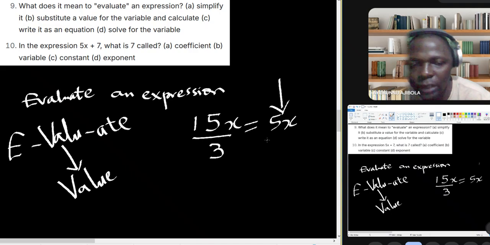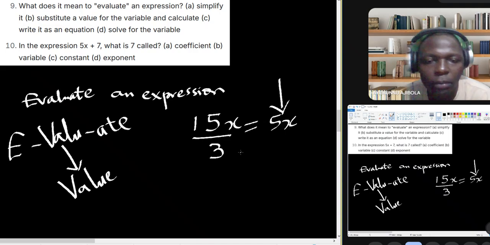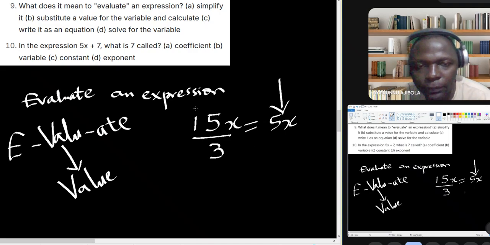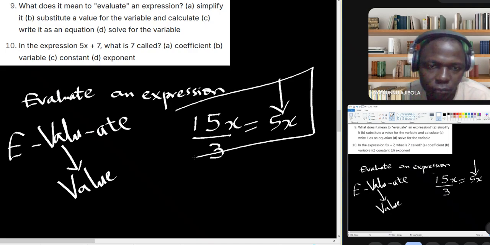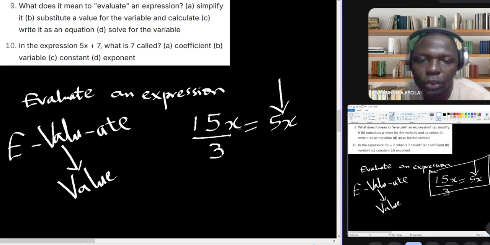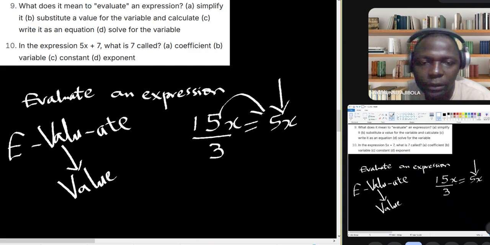I mean, any real value you can work with? The answer is no. So you have not evaluated this expression, you have only simplified it. You've made it look simpler than the way it was. Is that clear?